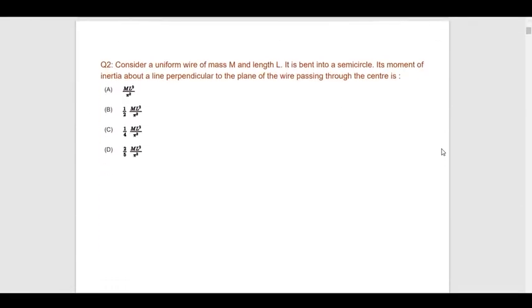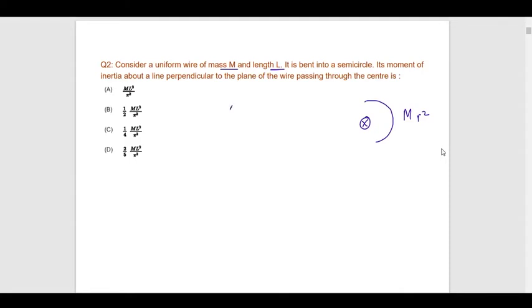This next question says, consider a uniform wire of mass m, length L. It is bent into a semicircle. Its moment of inertia about a line passing through the plane of wire, passing through the center, is. So basically, the moment of inertia of such a semicircular wire will be equal to mr square. In this case, we just need to figure out what will be the value of r.